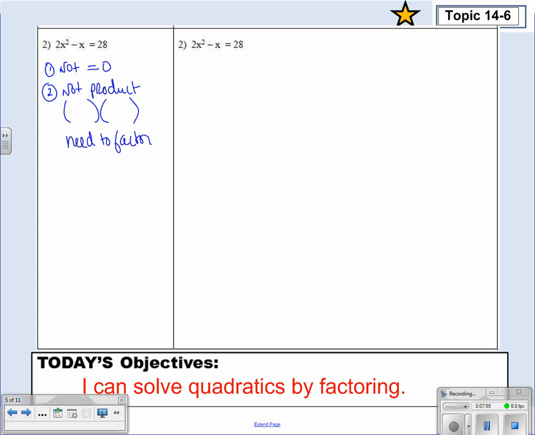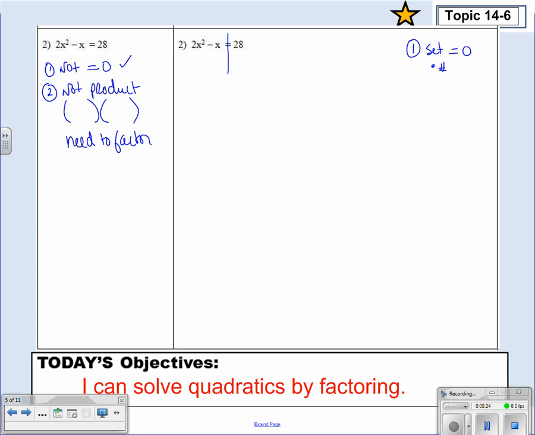But before we can factor, we have to get our equation set equal to 0. So let's start with that. The first step then is to set the equation equal to 0. I want to make sure when I'm looking to set the equation equal to 0, we are going to move the number that's by itself to the left.